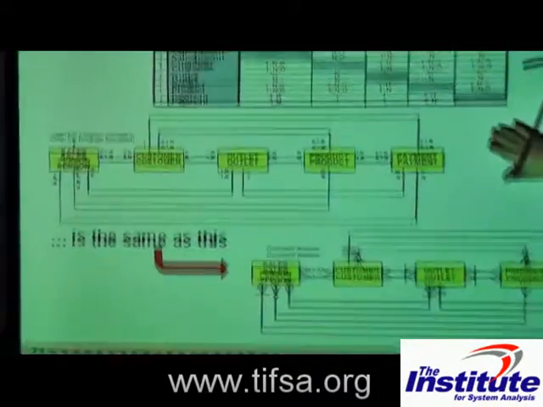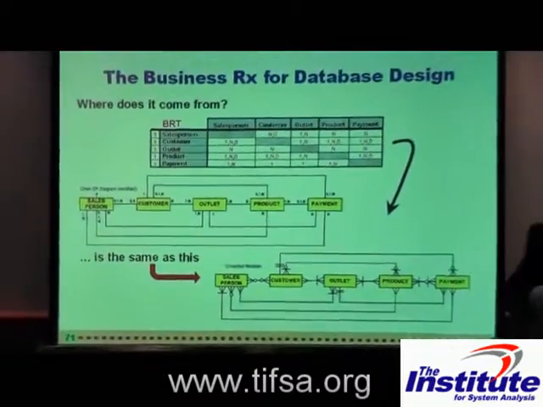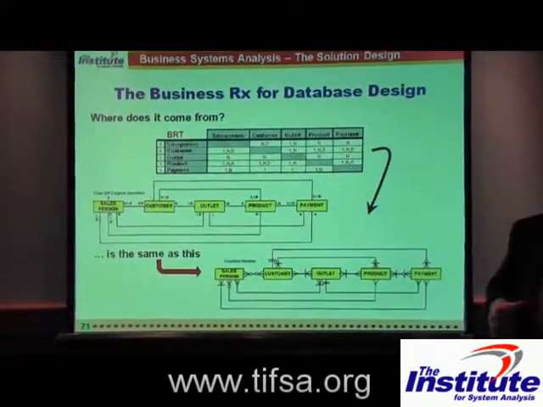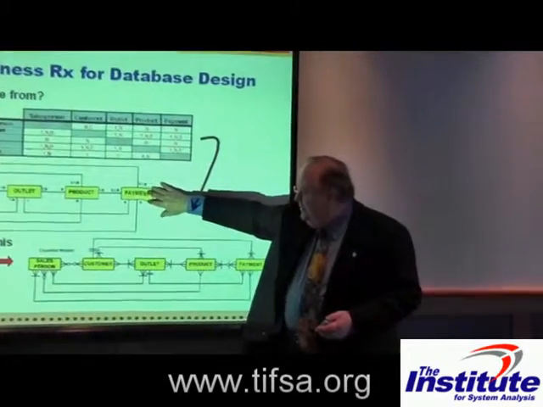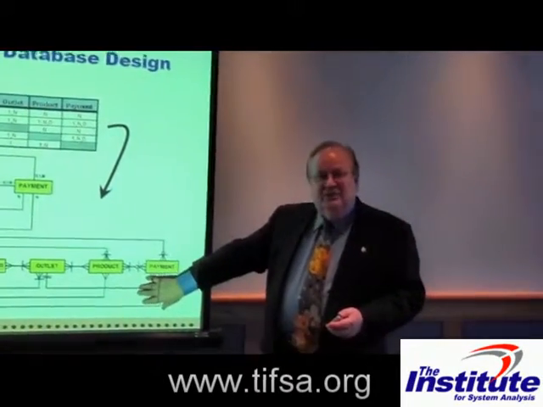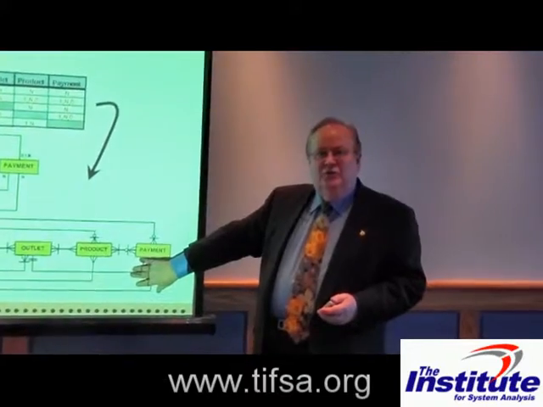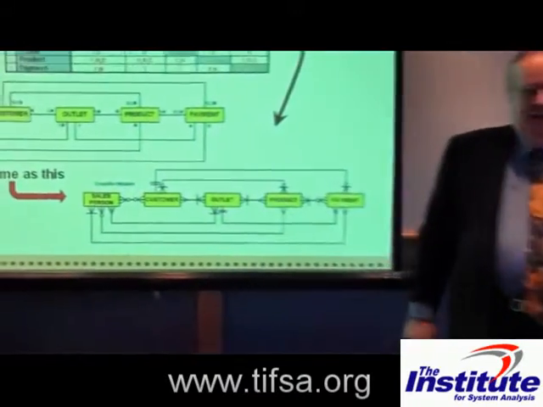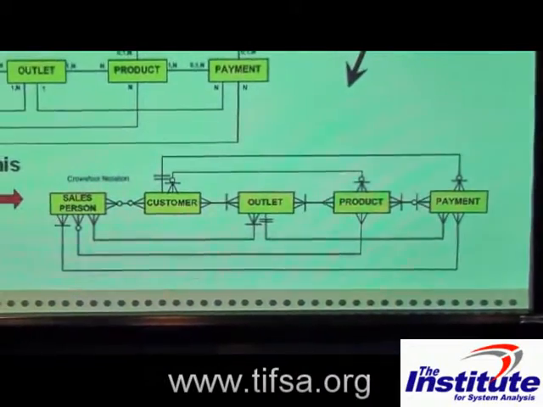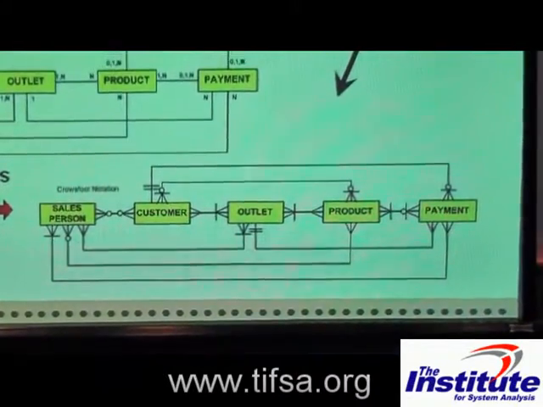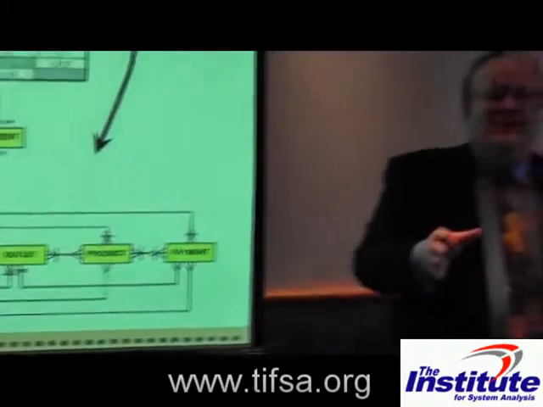But this table can turn into a Chen type ER diagram or entity relationship diagram. And this kind of diagram here is exactly the same as this kind here with the crow's foot notation. Now, nothing wrong with the crow's foot notation if it's kept behind closed doors, if it's kept away from the clients and subject matter experts.